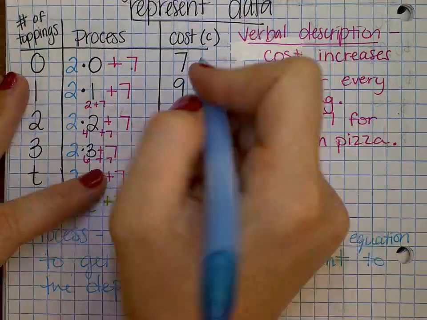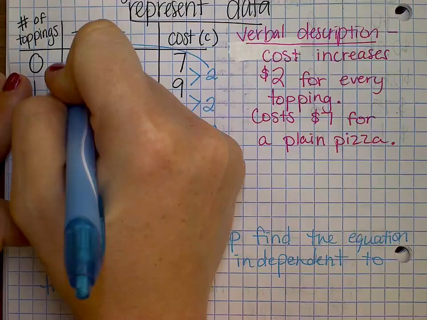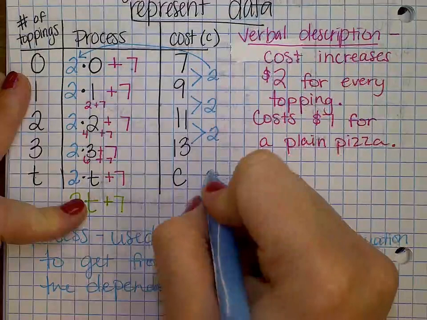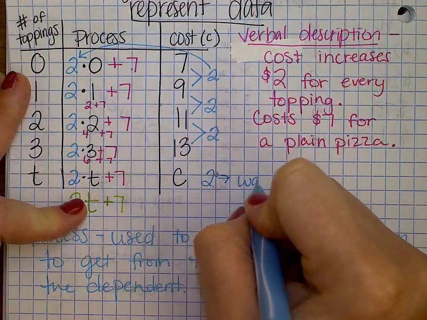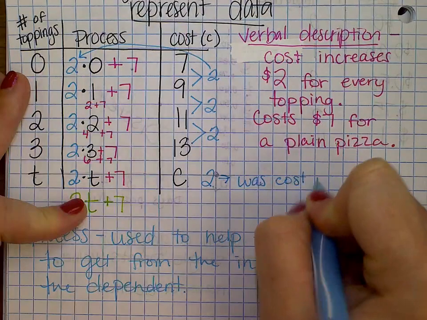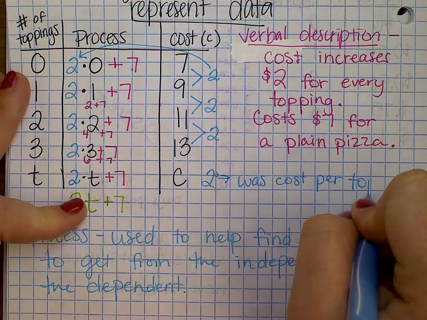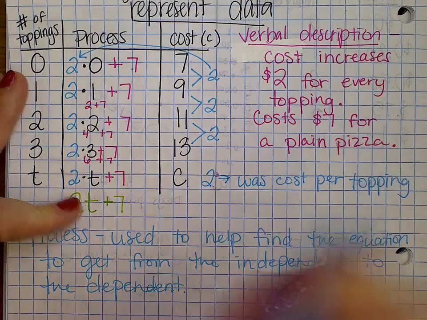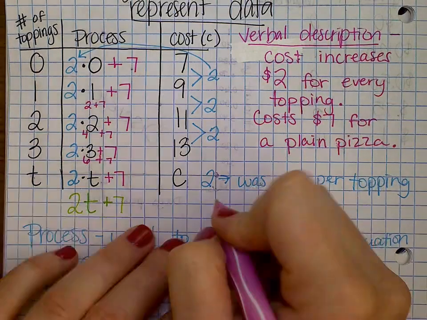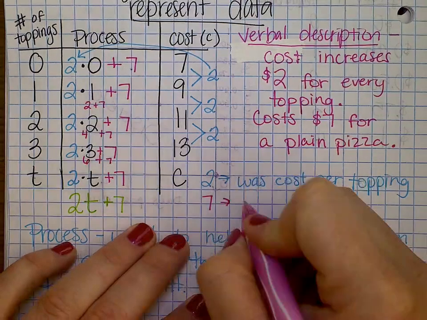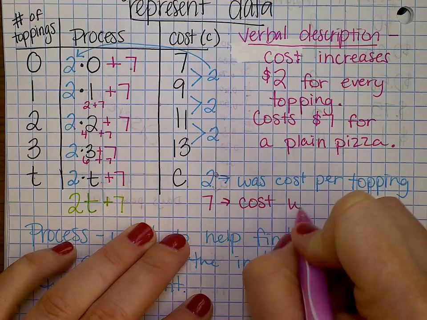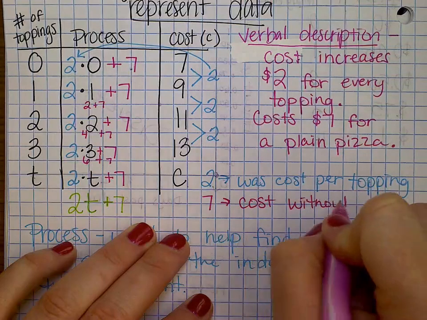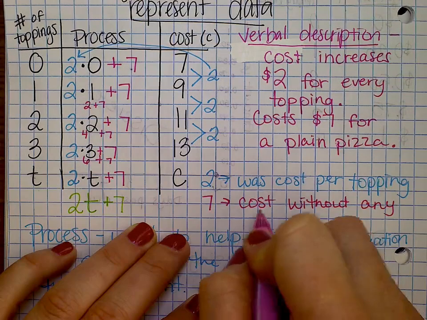Okay, remember this 2 was used right there. 2 was the cost per topping. And then the 7 was the cost without any toppings.